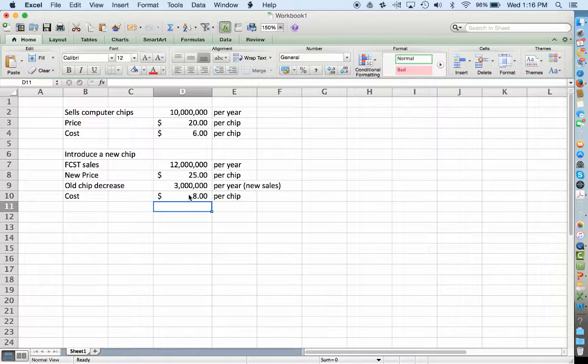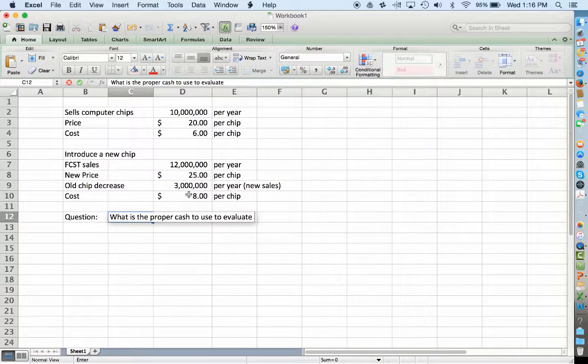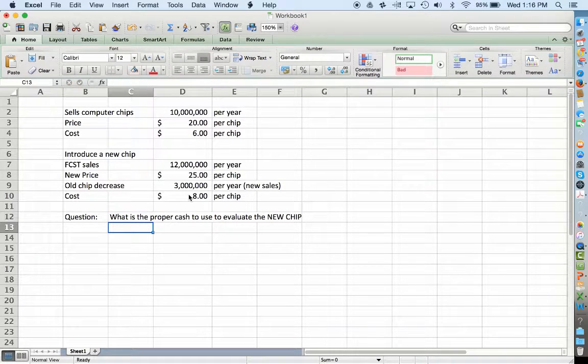Okay. So we're asked the question, what is the proper cash flow to use to evaluate the new chip? So the idea that we would want to analyze, does this make sense?